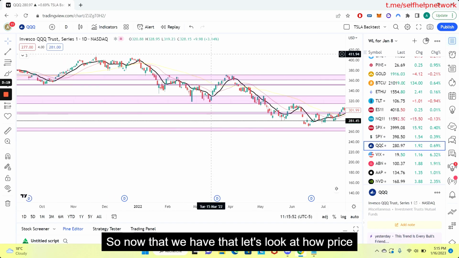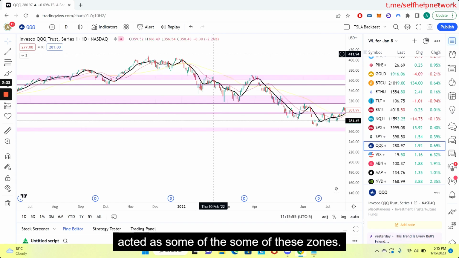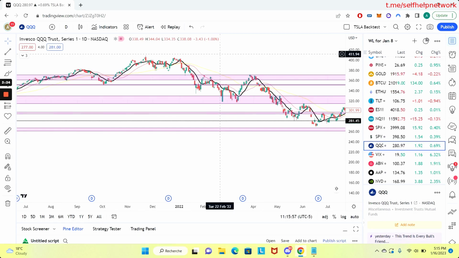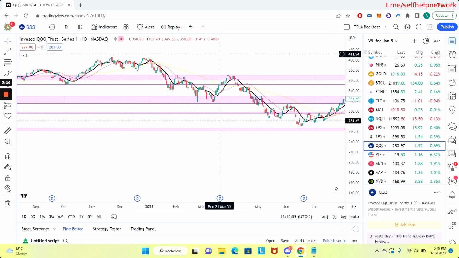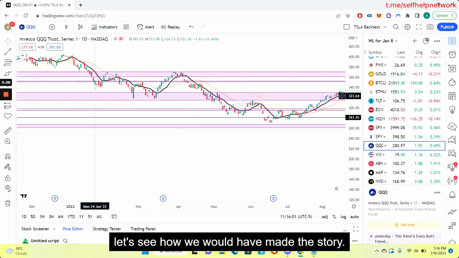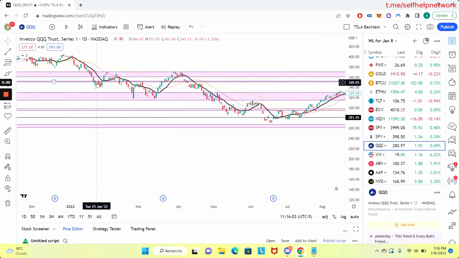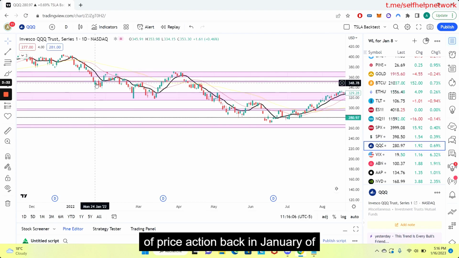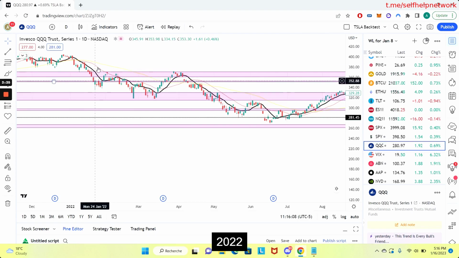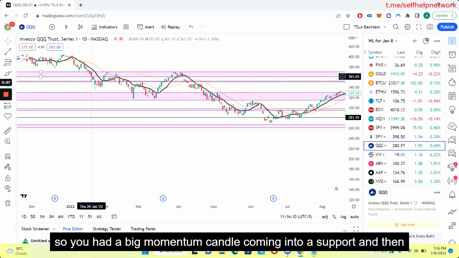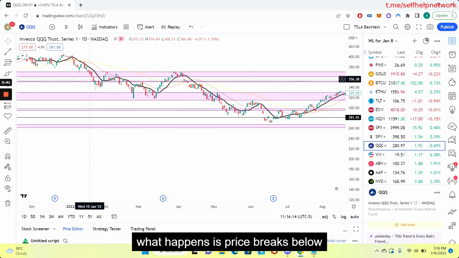So now that we have that, let's look at how price acted at some of these zones, and we'll move on from there. So let's see how we would have made the story of price action back in January of 2022. So you had a big momentum candle coming into a support, and then what happens is price breaks below the support.